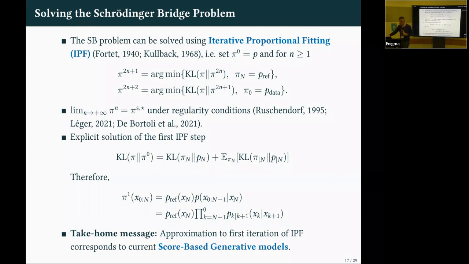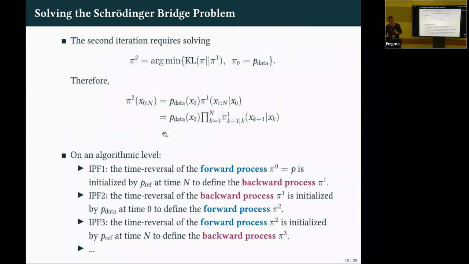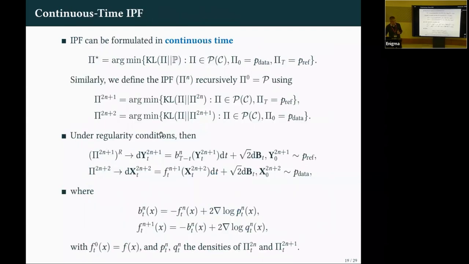Okay? So in continuous time, I'm not going to spare you, it's going to mean that you have to alternate. On odd iterations, you have a reverse time SDE, which is initialized at the Gaussian distribution.